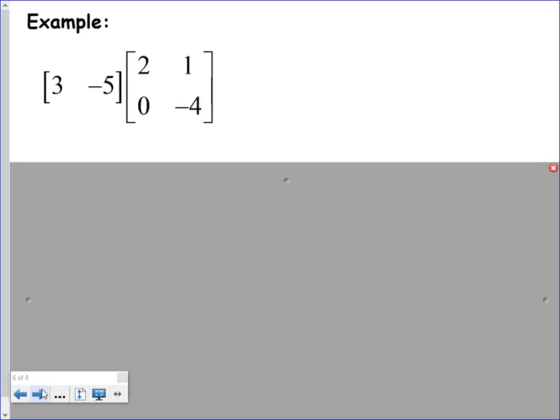So what should your answer matrix be? This is 1 by 2, this is 2 by 2.